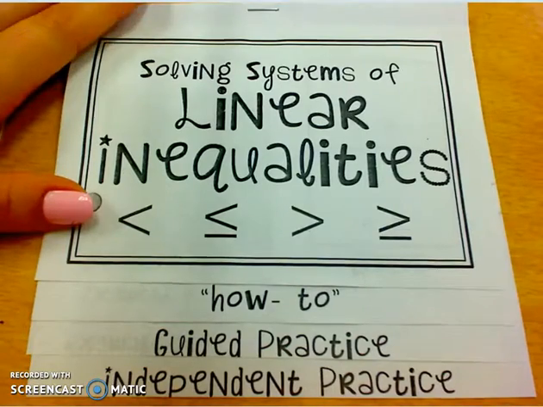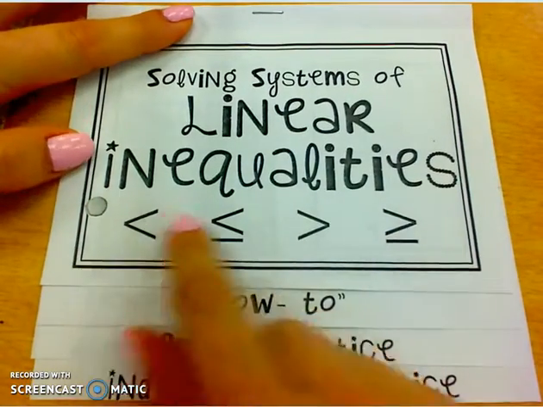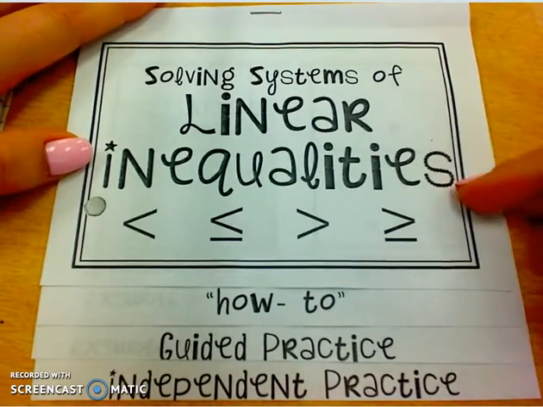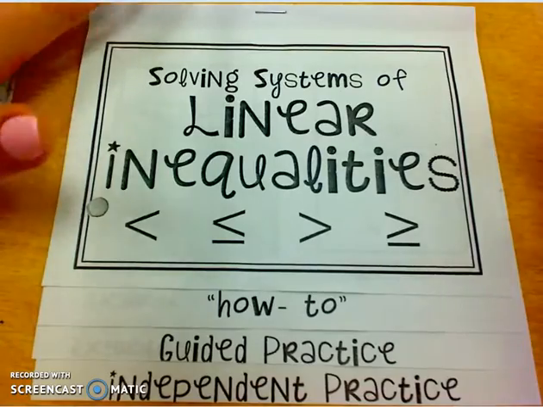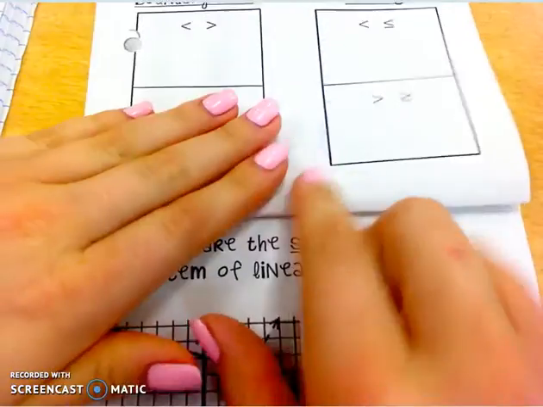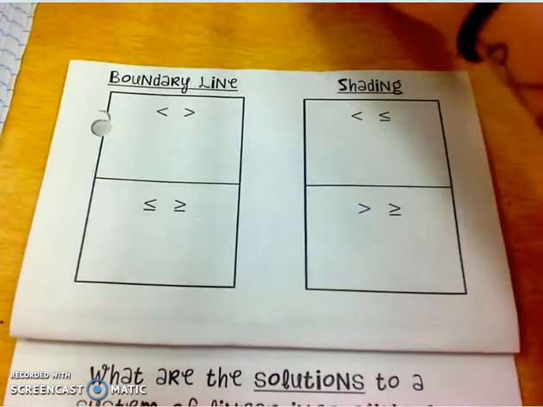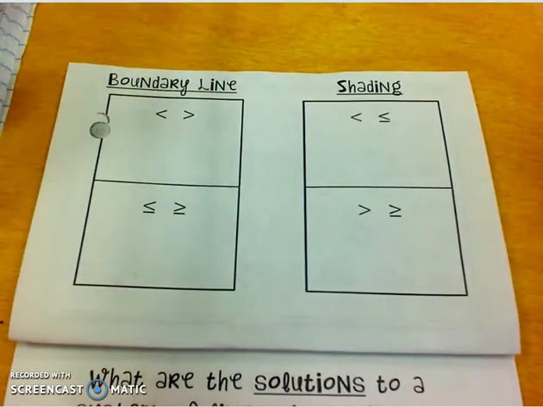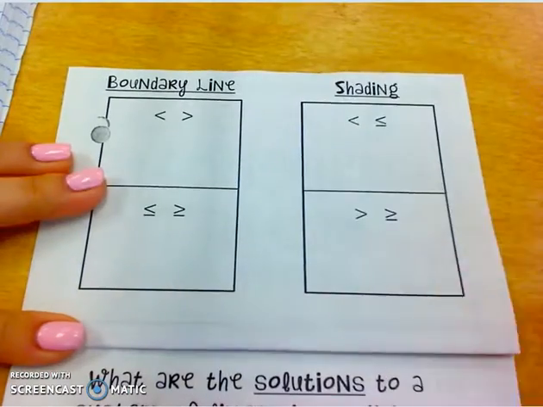This lesson is on solving systems of linear inequalities, similar to linear systems of equations, but now we're working with inequalities. So the how-to. Let's not forget from linear inequalities just individually our boundary lines.